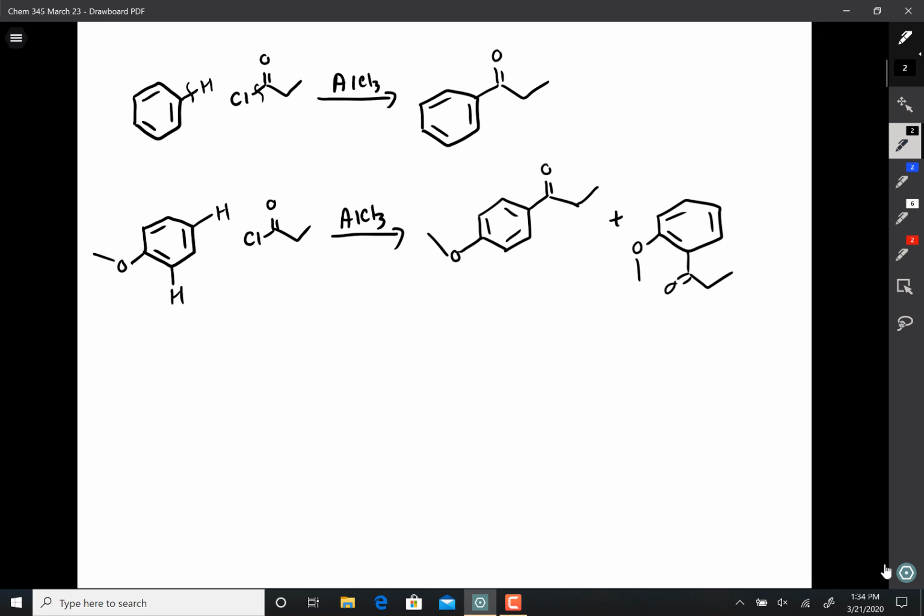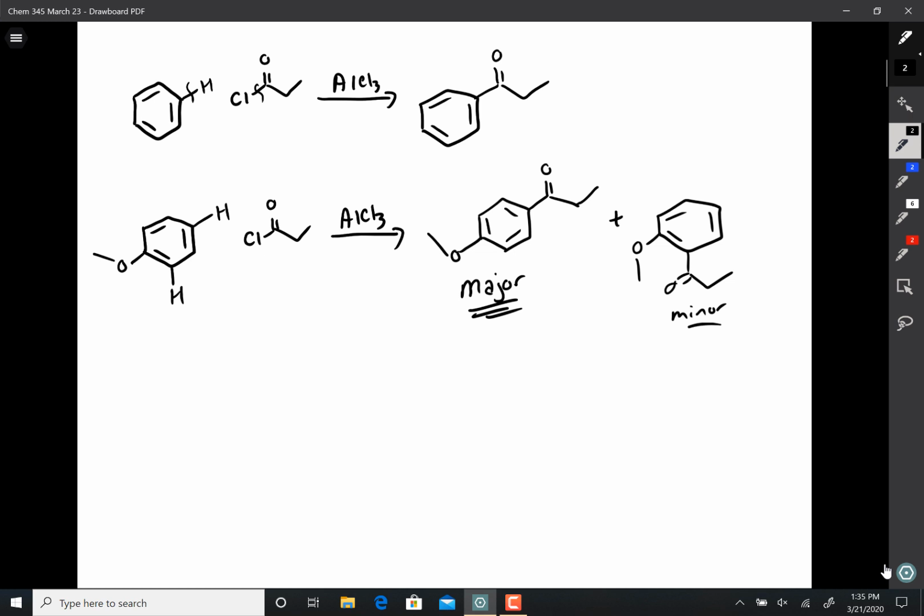Now, first thing to talk about is ortho-para directors. You do get a mixture of the two, but in almost all of these reactions, the major product is para and the minor product is ortho. One reason to think about it is in terms of sterics.